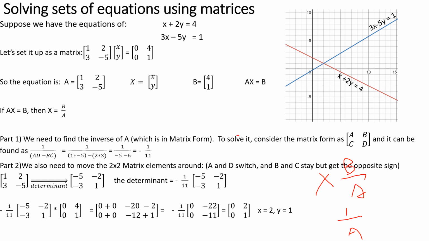And what is 1 over this matrix here? 1, 3, 2, -5. I don't want 1 over. I need to find the actual inverse of that. And this is what we're going to do. To find the inverse of that, and that's really called the determinant.